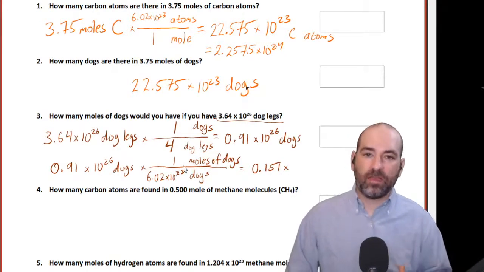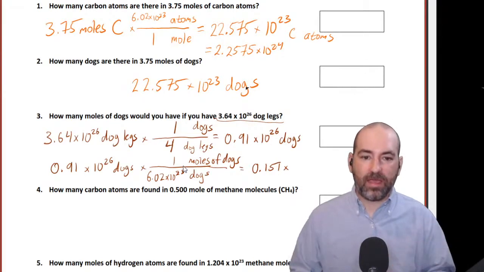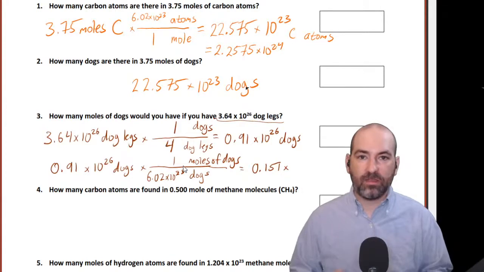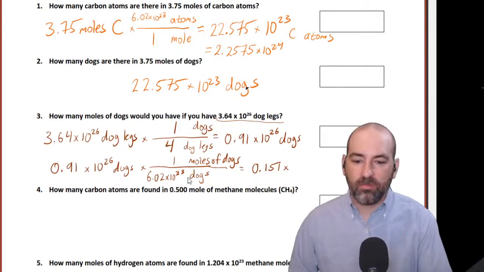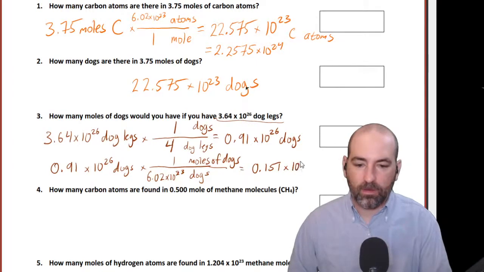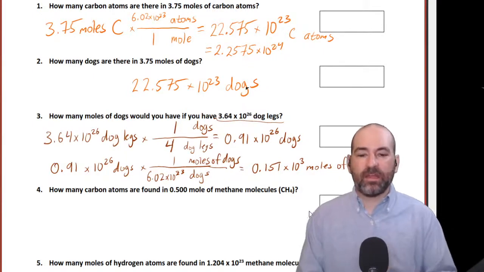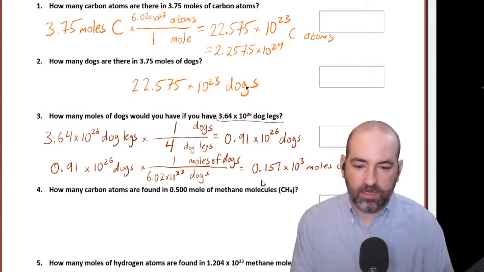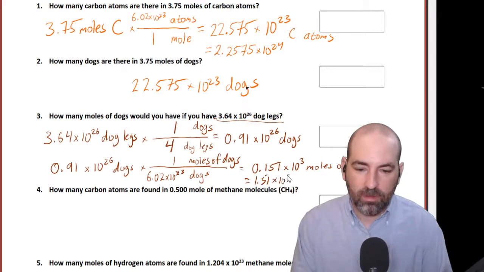Well, if we're dividing exponents with the same base, then we just subtract the exponents. So 26 minus 23 is 3. And so that's my answer. And I can make that a little bit nicer. I can move it and go 1.51 times 10 to the 2.